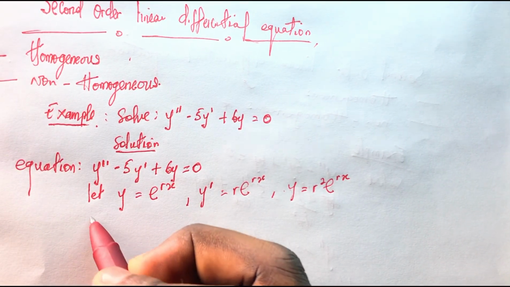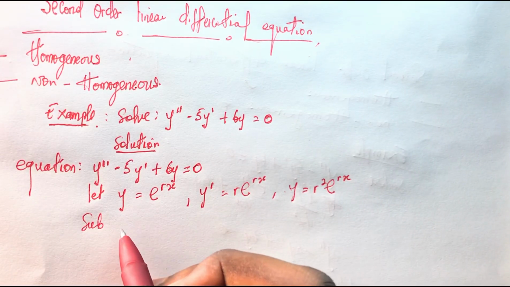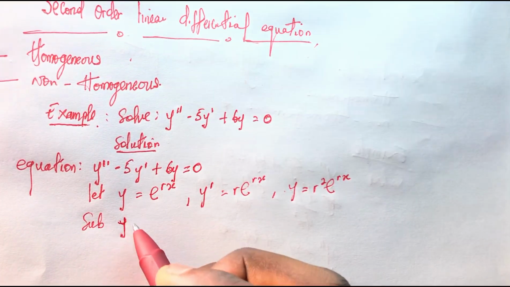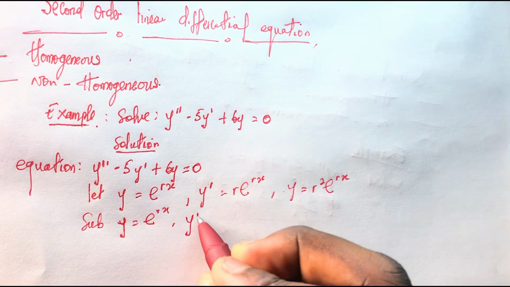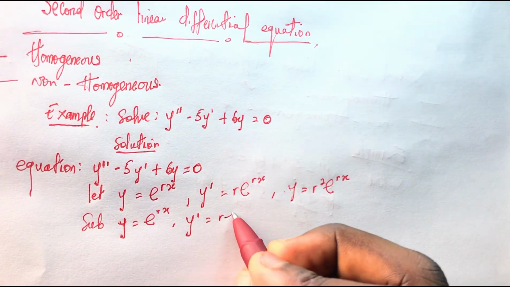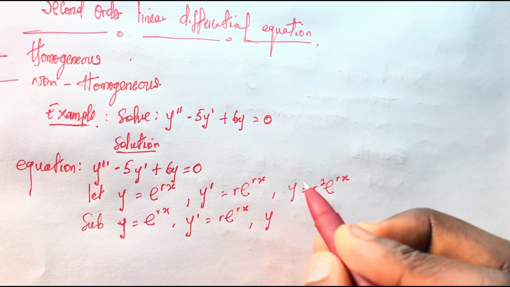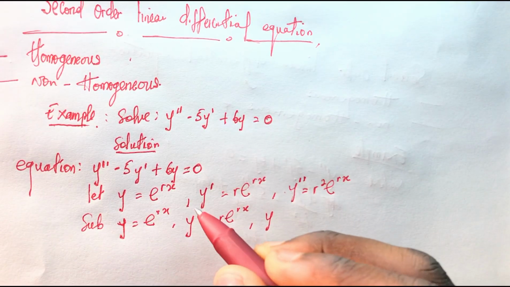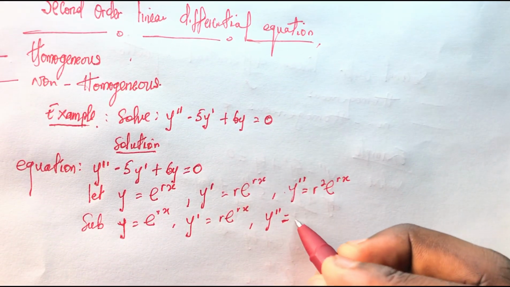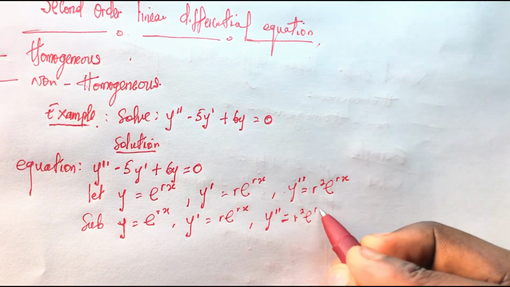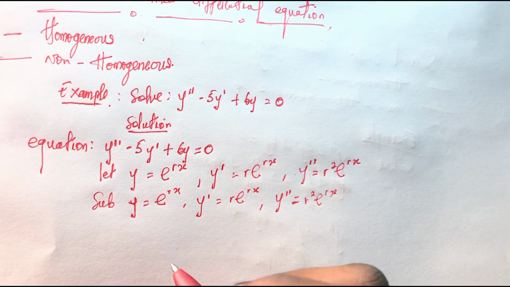So we can now substitute: y equals exponential rx, y prime equals r exponential rx, and y double prime, the second derivative of y, equals r squared exponential rx, into the equation.